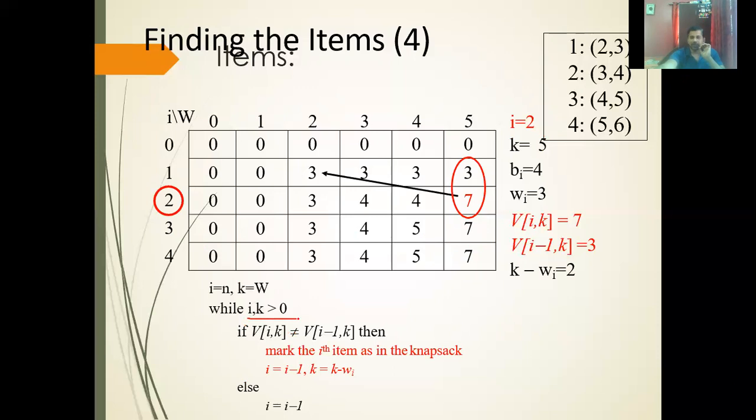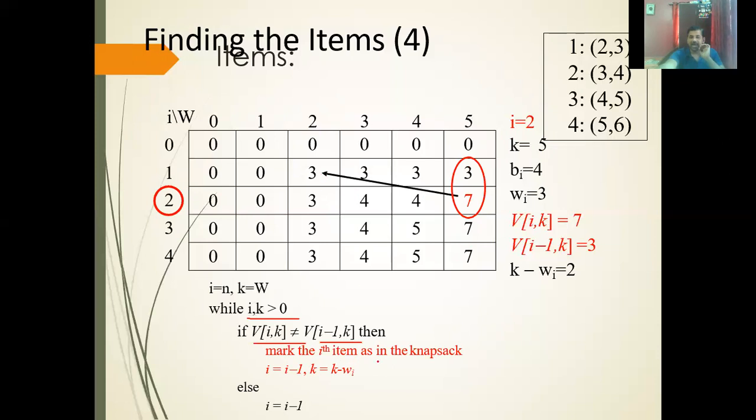I and k both are greater than 0. I is 2. K value will be 5. Both are greater than 0. V of i,k, that is 2, 5. V of 2, 5 is not equal to V of 1 comma 5. 2 minus 1 in the sense 1 comma 5. They are not equal, right? So I got this value somewhere from here.